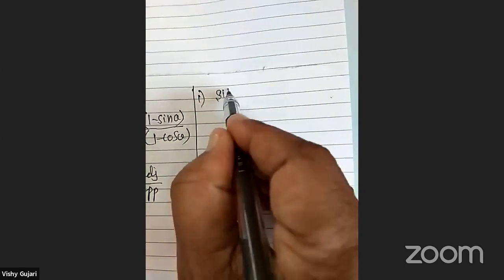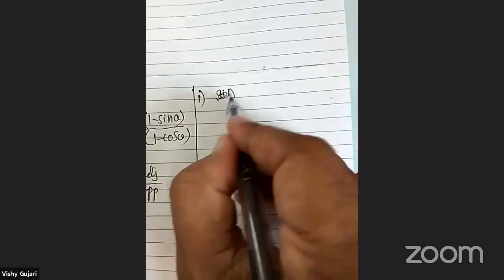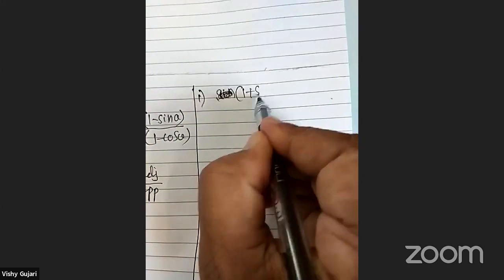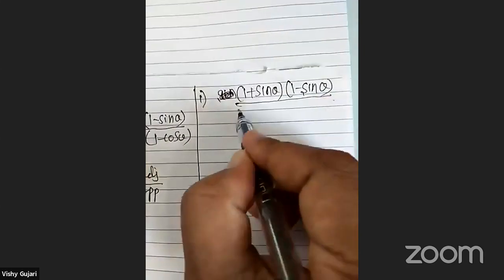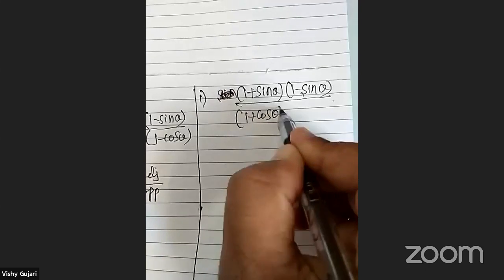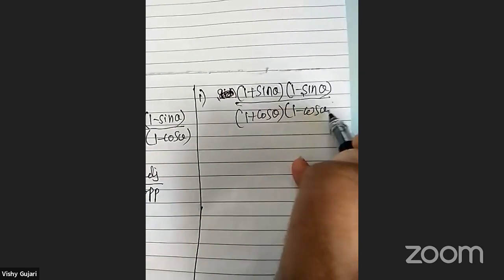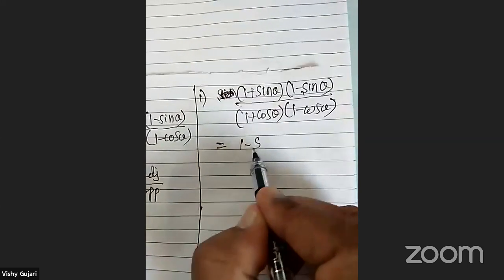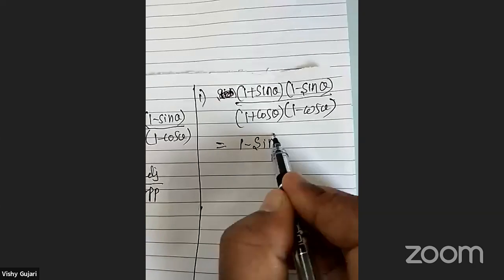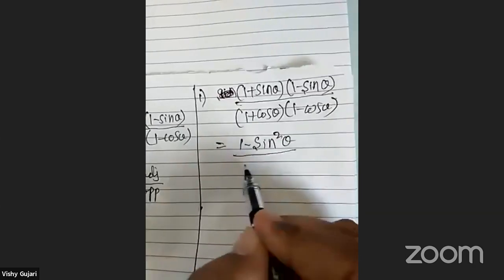Okay. The first one is (1 plus sine theta) into (1 minus sine theta) divided by (1 plus cos theta) into (1 minus cos theta). They are in the form of (a plus b)(a minus b). You are writing 1 minus sine square theta divided by 1 minus cos square theta.